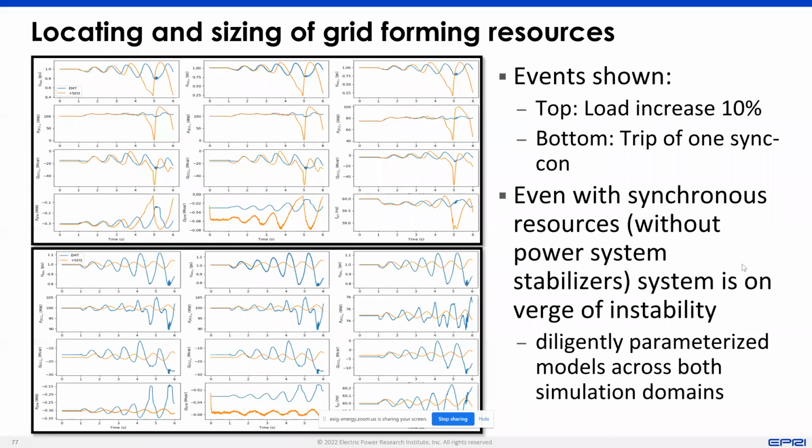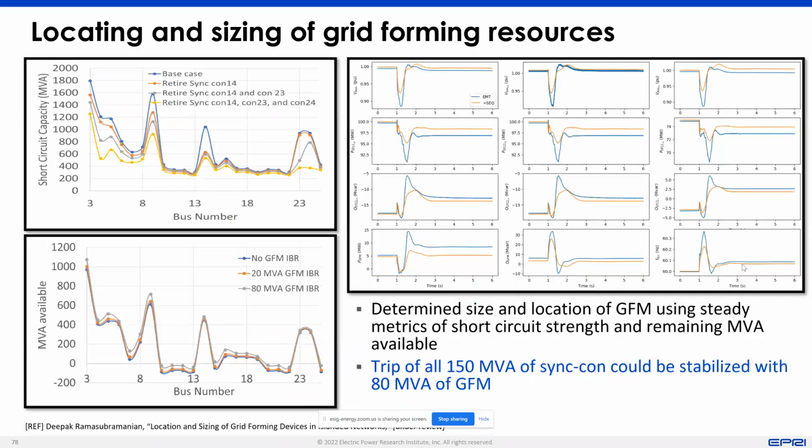And we found out that firstly, the network is unstable when you start retiring synchronous condensers. So it shows the need to start using these advanced technology types. And secondly, it's not a direct linear relationship, but you can use both the short circuit capacity and the MVA available.